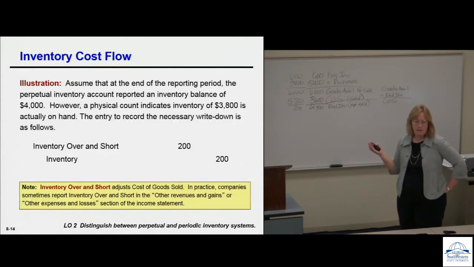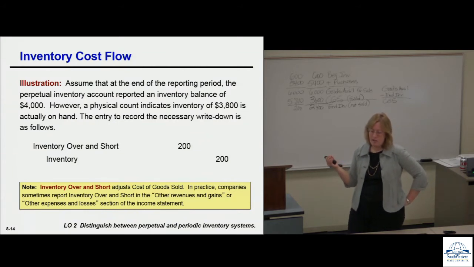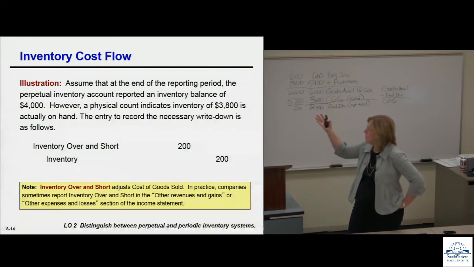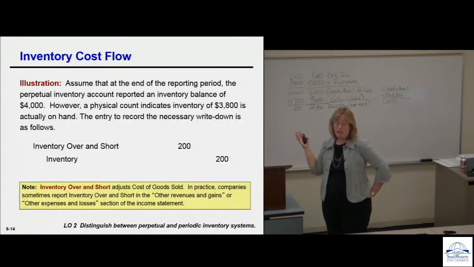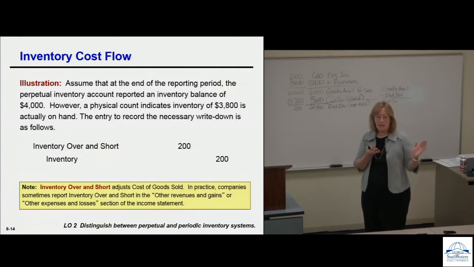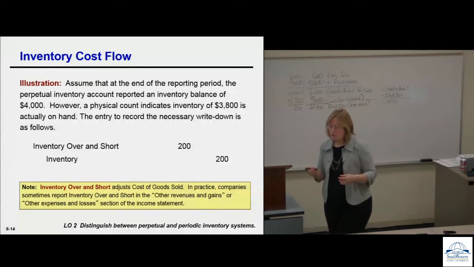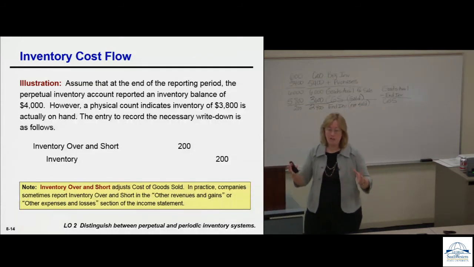Let's say we have $200 worth missing in some way. So let's say the inventory walked out the door. Then what is this? An expense for us, right? It's a debit. This is like shrinkage, theft expense, shrinkage expense, mistake expense kind of thing.